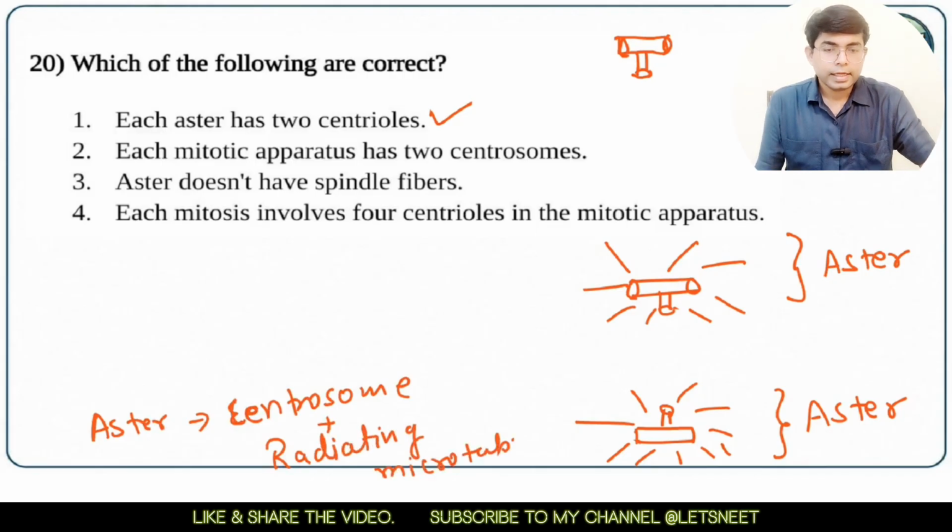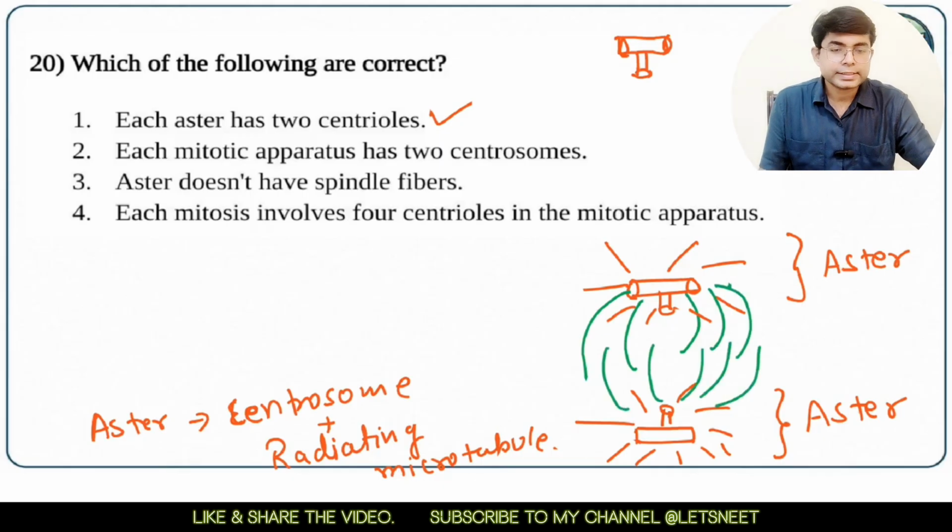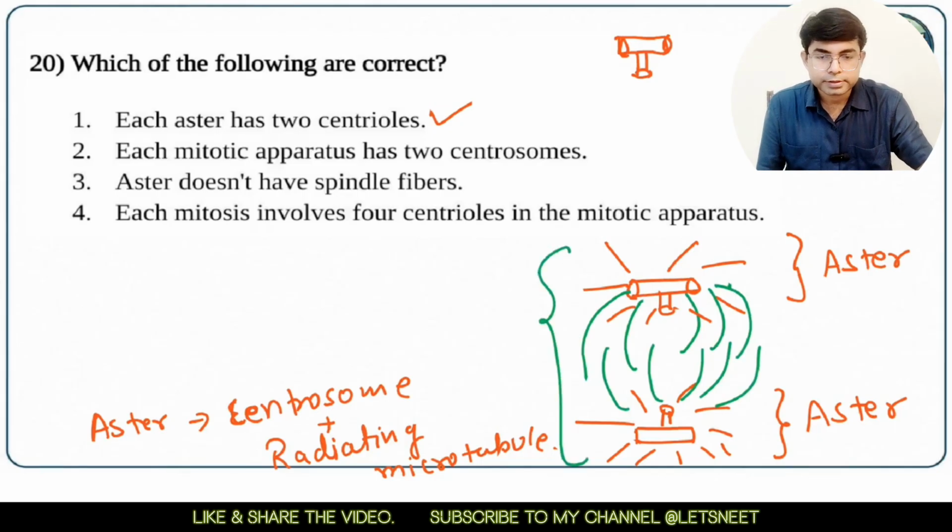And here, if I add, using a different color, the spindle fibers will form like this. This is the spindle fiber. So now both the asters along with the spindle fibers together are called the mitotic apparatus.